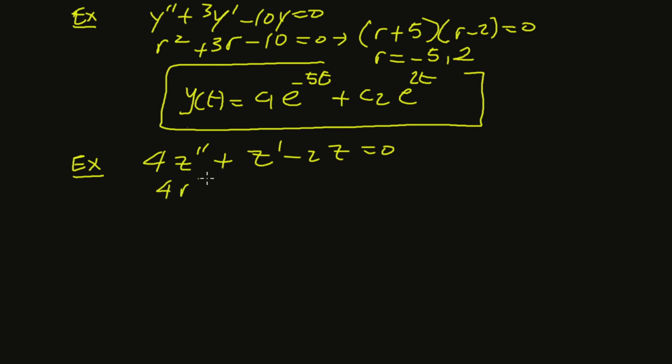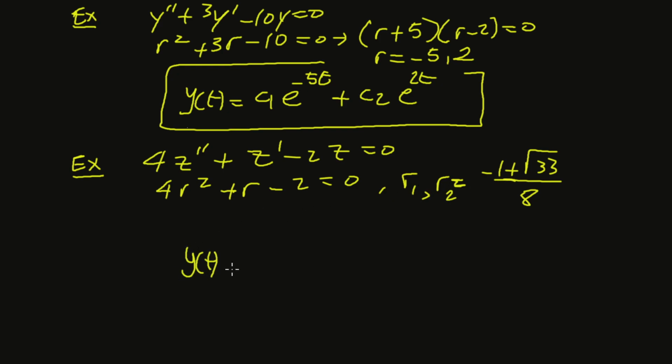So here for r squared plus r minus 2 equals 0. And if you just do the quadratic formula, you'll get the two roots to be -1 plus square root of 33 over 8.